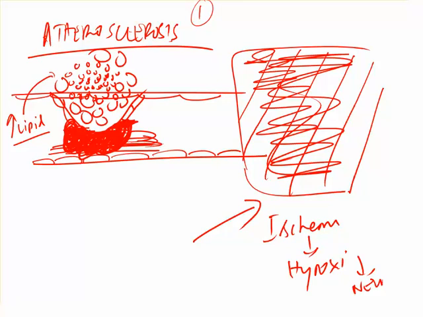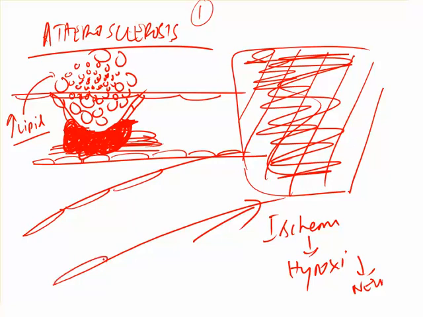Okay, and some individual, this is another blood vessel. In some individuals, the blood vessel wall is normal, the endothelium is not injured, but they have increased clotting factor, and they also have a tendency to activate the clotting factor without platelets.